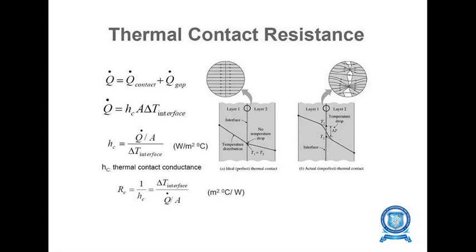Right? Therefore, the resistance, resistance Rc, that is the contact resistance, is equal to 1 by Hc. Hc we have derived here. Instead of Hc, we apply this value: delta T interface divided by Q by A. This is the formula for finding the contact resistance, or thermal contact resistance, when a gap is present between the surfaces or at the interface.